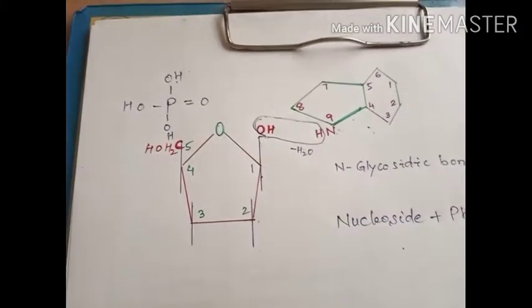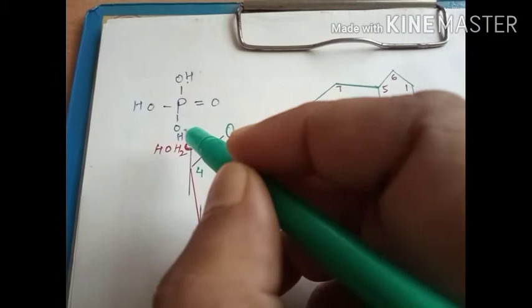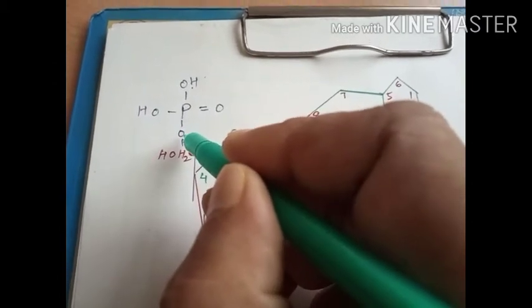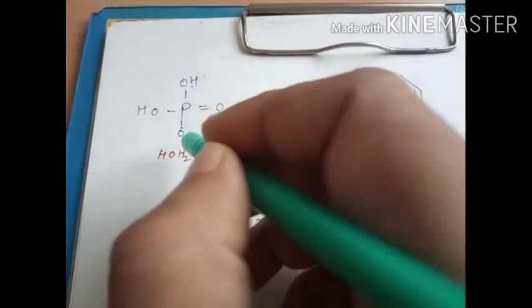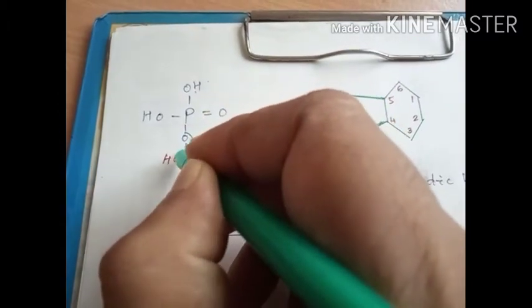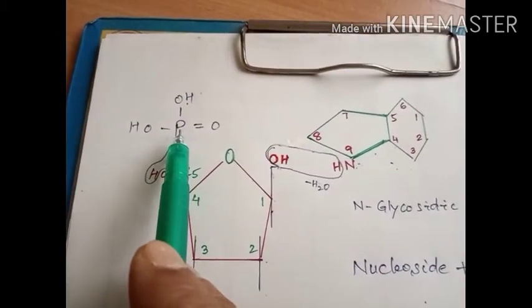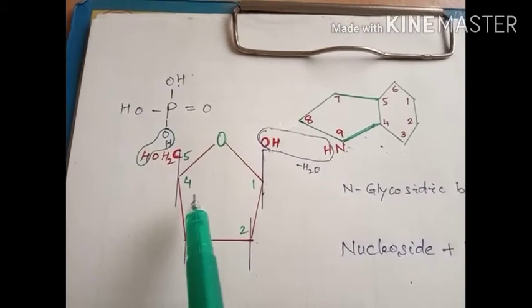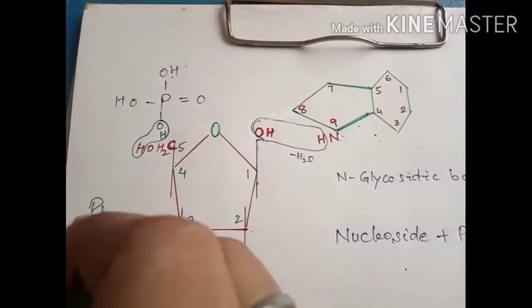Again there would be removal of one molecule of water, and the bond that would be formed between the phosphate and the pentose sugar would be called phosphoester bond.